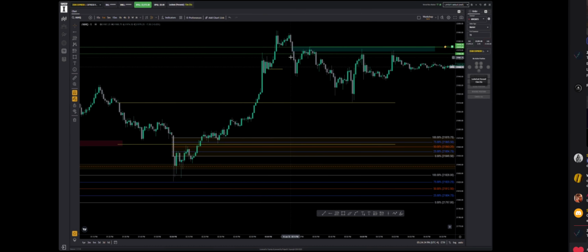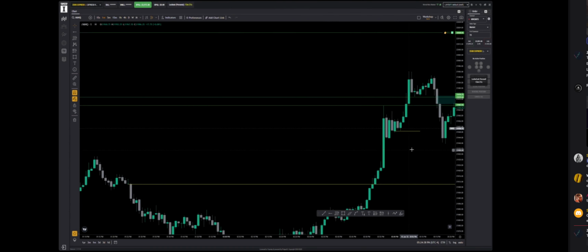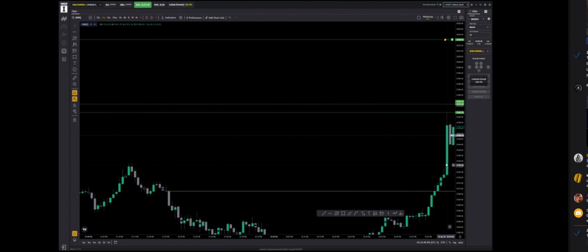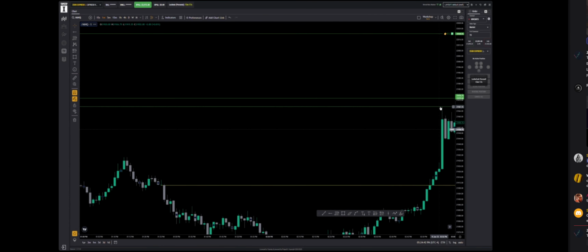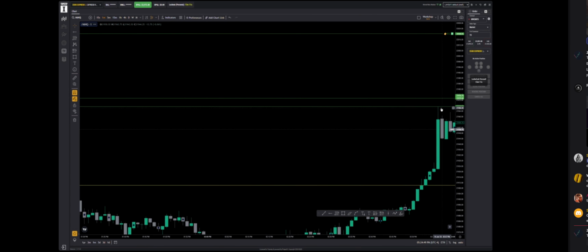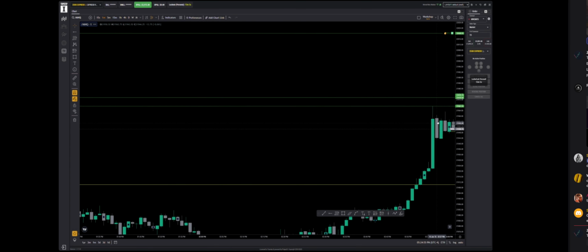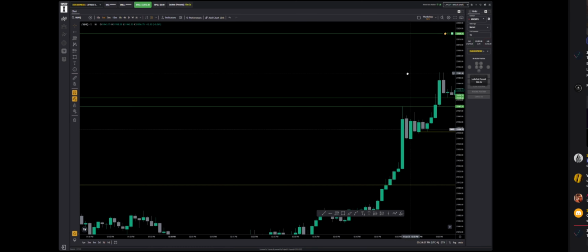Okay, so I'm going to remove it. Now my line is looking like this. So here, at this stage, this is a swing high formed, this is a swing high formed, and this is the other high. So I know that it's a relative equal high. It will be taken.